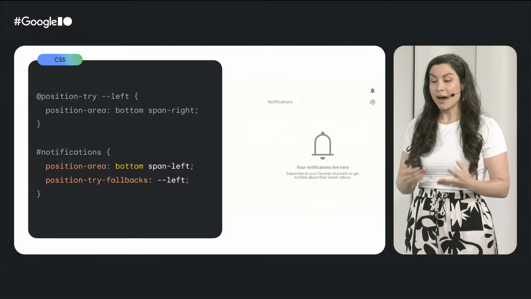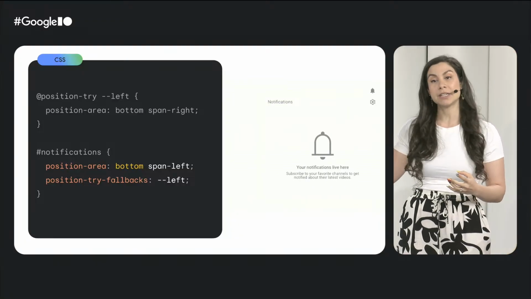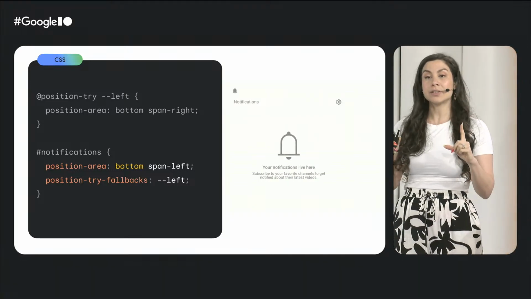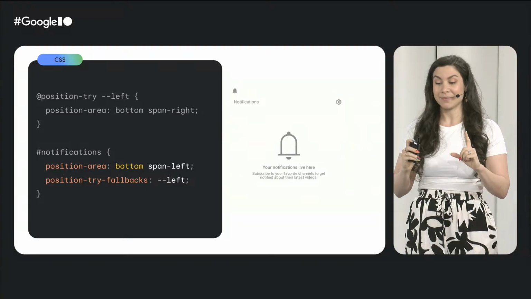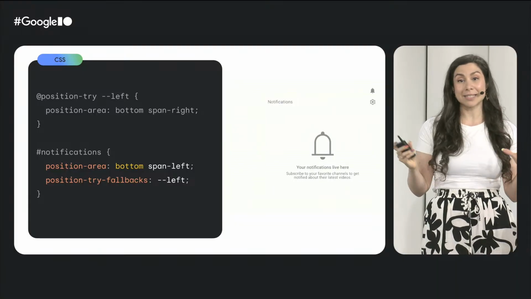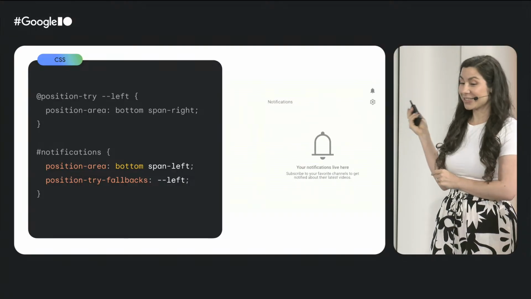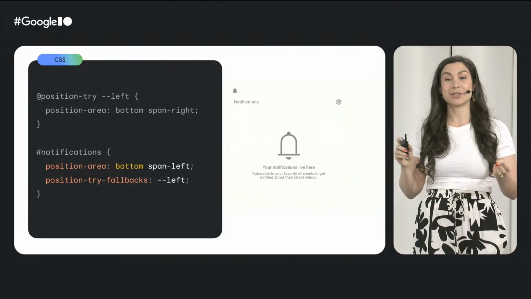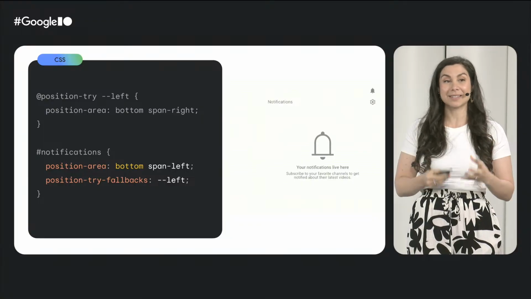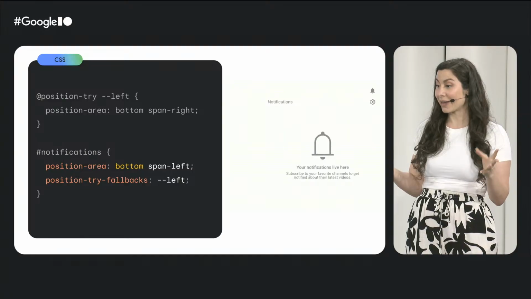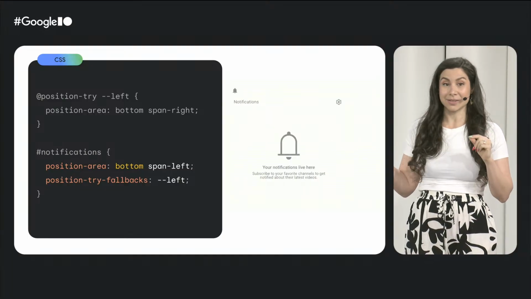Now you can feel confident that no matter where this notifications trigger bell lives in your UI, the popover will stay on the screen and be visually optimized. This is especially important for layouts that make heavy use of layered UI. Building something like this yourself requires resize observers, which are slow to calculate, and a lot of complex logic that you simply don't have to worry about now, and you can let the browser handle it for you. So I think this is an awesome feature.